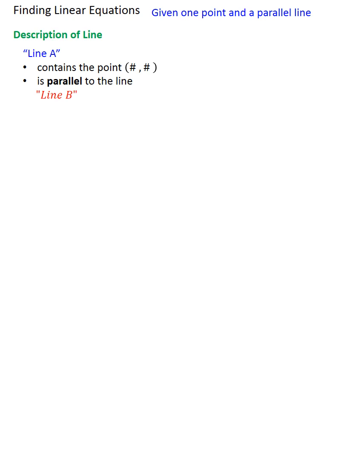You'll be given the description of a line as having a certain point and being parallel to some other line. Let's call that second line, line B. The first thing you're going to want to do is find the slope of line B by isolating y. You'll get the slope as some number. Once you find the slope of line B, you'll know that the slope of the line we want, line A, is the same as that number.